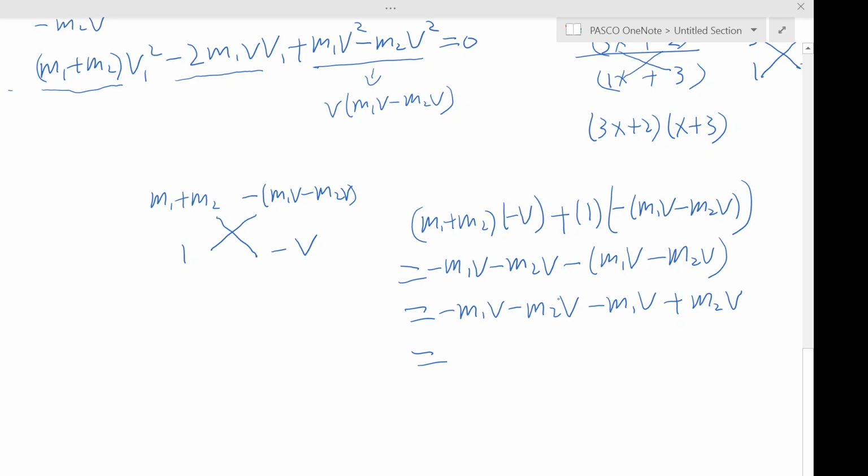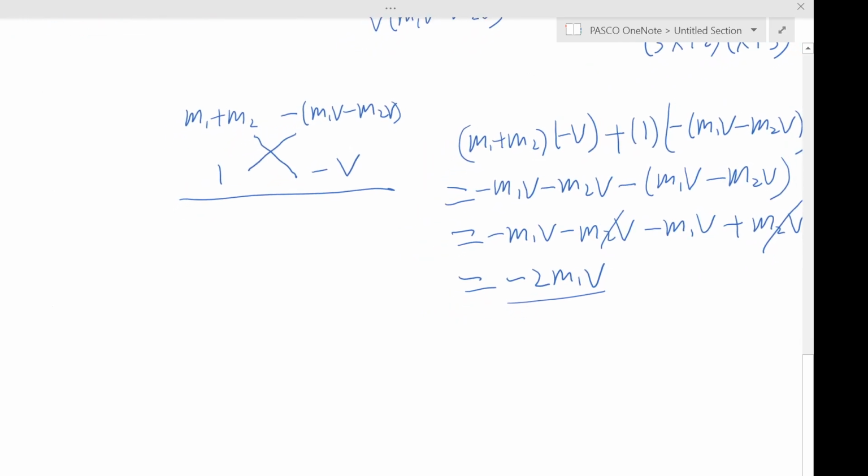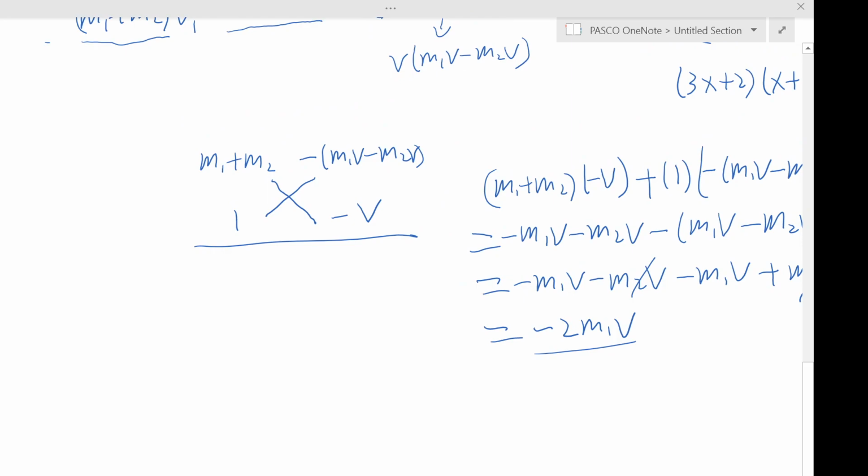And then negative m2v and positive m2v cancel out. You have negative 2m1v left, which is your middle term over here. This gives you the middle term. So this is the correct crisscross.